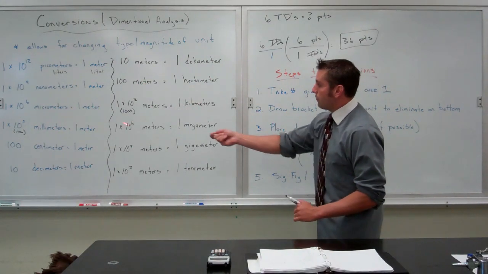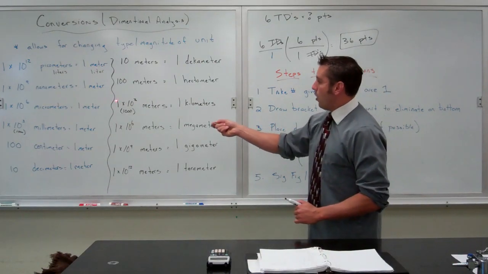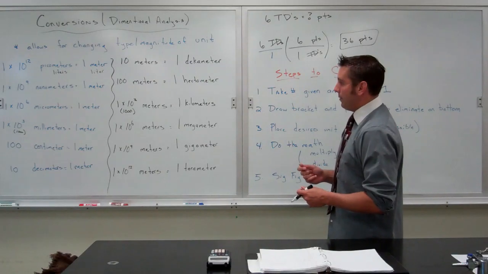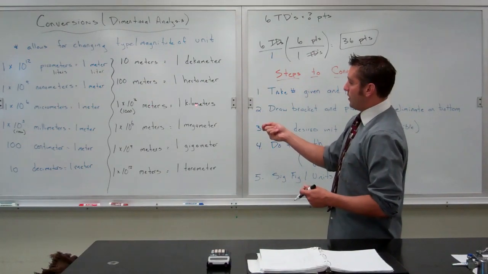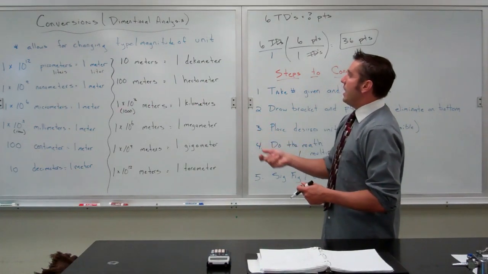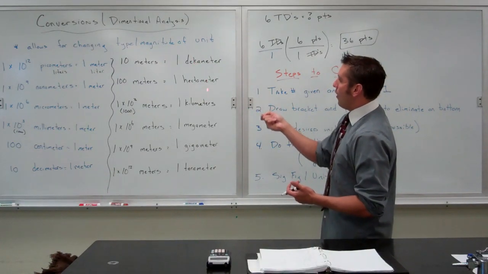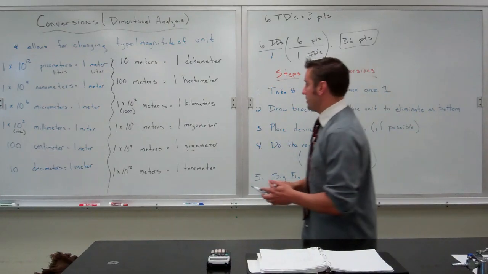So there's the one we're looking for, and sure enough, it's on one line. That means we'll be able to do the conversion in one step, right? Because meters and kilometers are all on one line. If I were trying to do something like decas to hectos, they're not on one line. I'd have to do it in multiple steps.